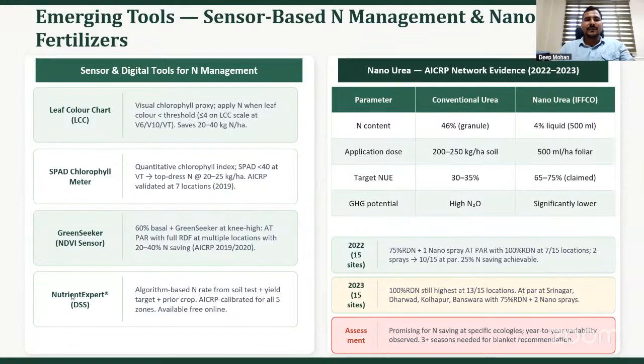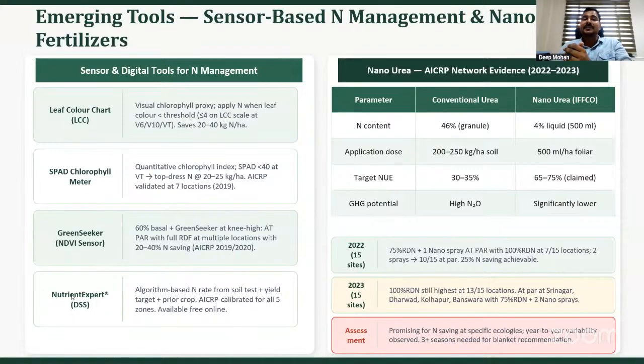So what does our AICRP trial say? In 2022, we tested 15 locations. At 7 locations out of 15, 75% nitrogen dose plus one nano urea spray was equal to the 100% dose. That is, nearly half of the AICRP network shows that a 25% nitrogen saving is there.